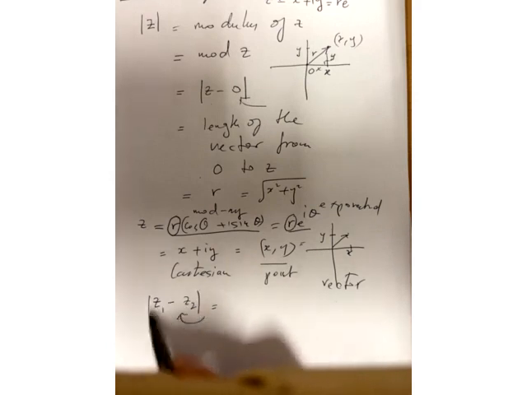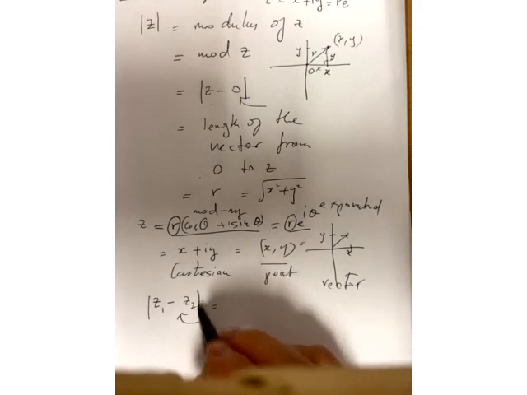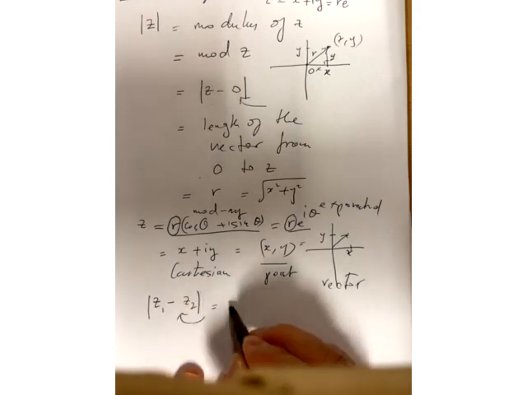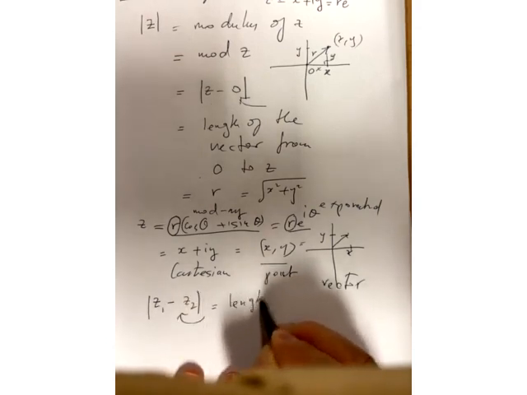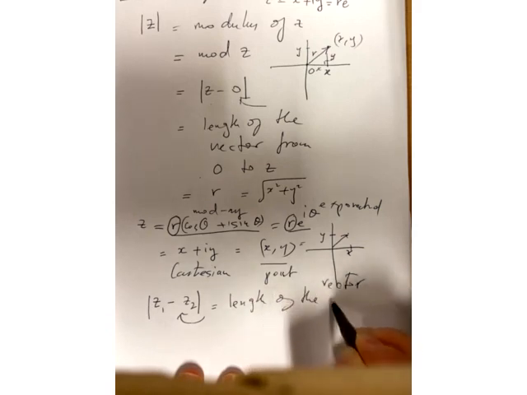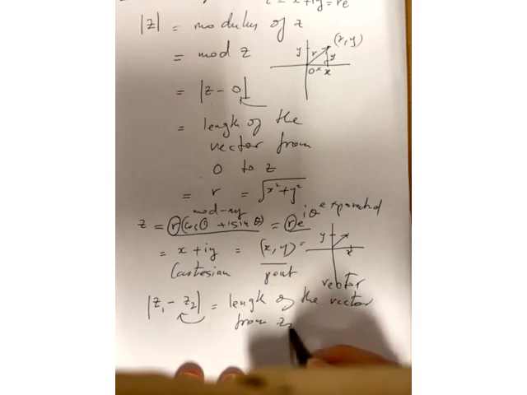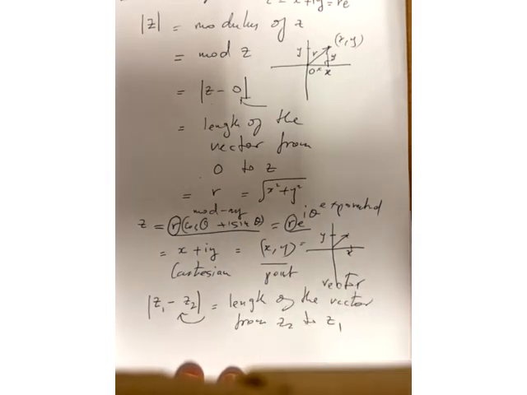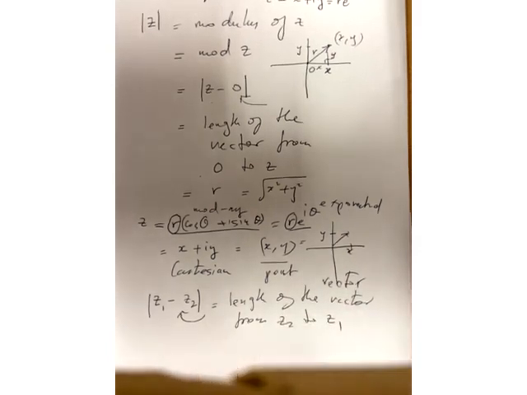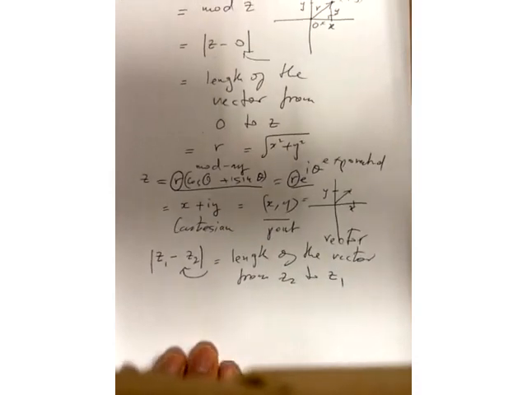So when you take the modulus of that, that's going to be the length of the vector from Z2 to Z1. That's extremely important that you know that.